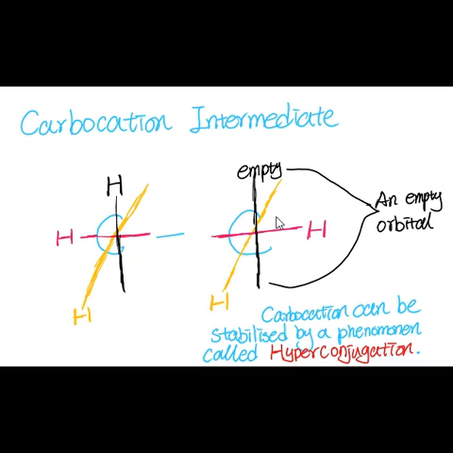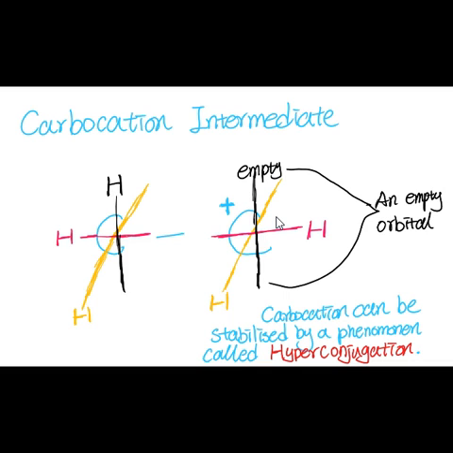Now, in my crude attempt to draw the 3D configuration of a carbocation intermediate, we can see that this is the carbocation that I'm talking about, this one, right? Because it's got an empty orbital, meaning it's just a bond that can be used, right? So this carbon is more positive because it is the carbocation intermediate.